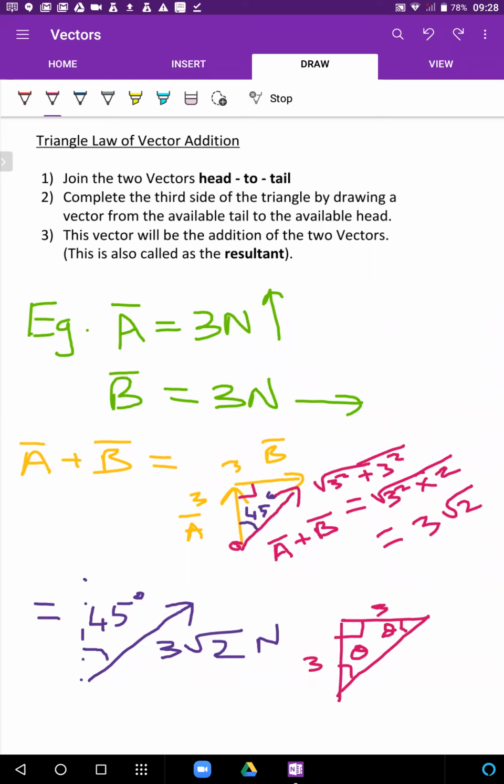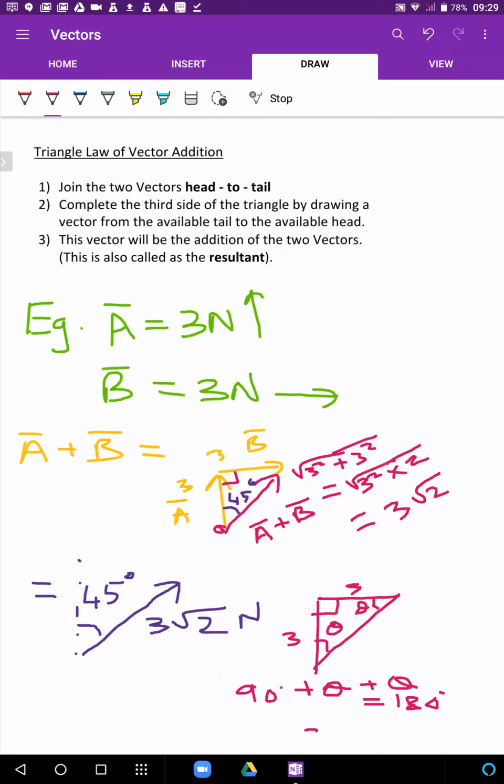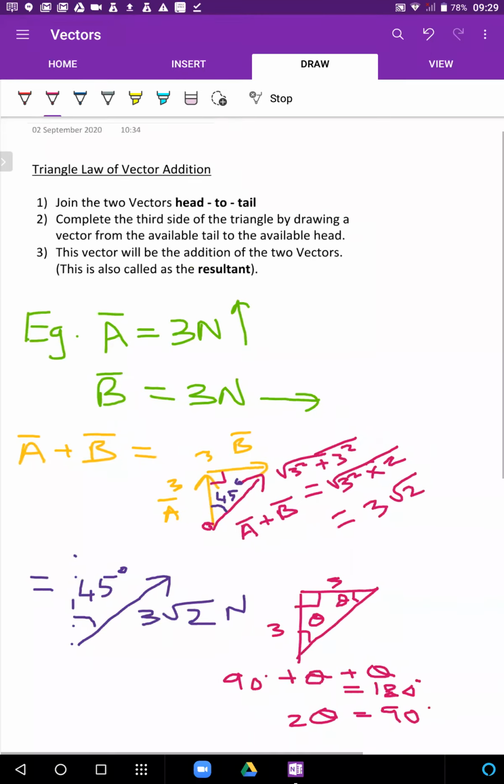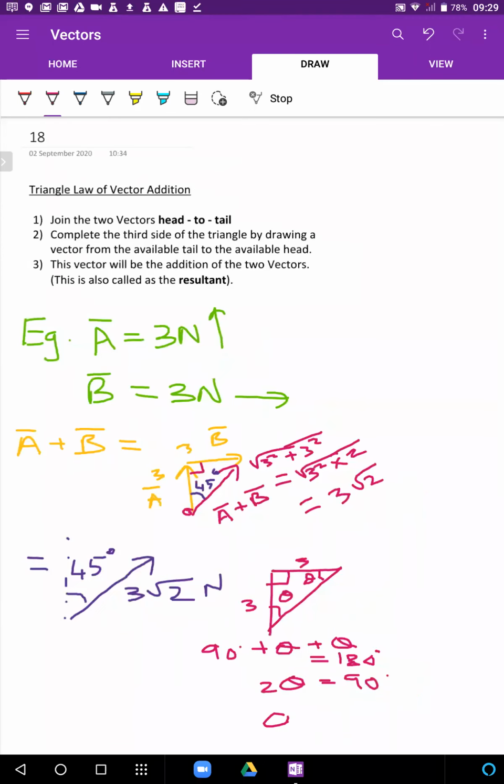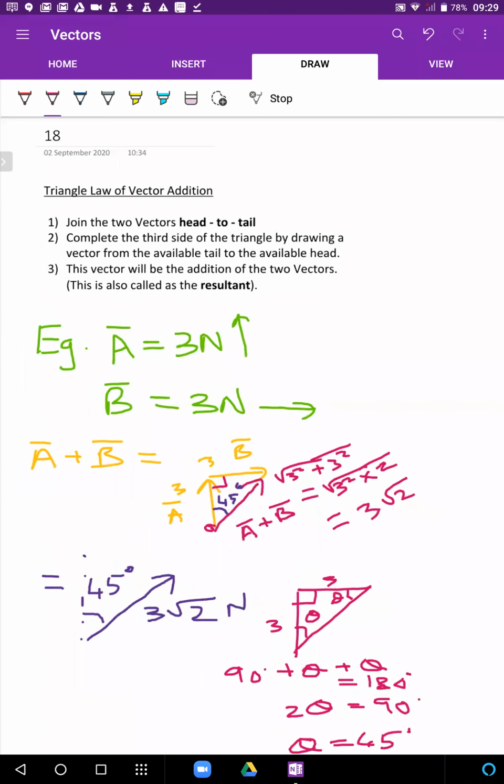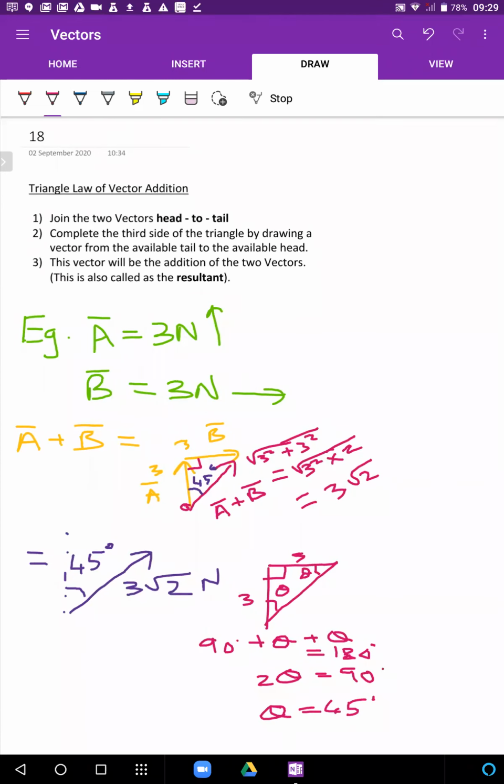So these angles should be equal. फिर we know कि total sum has to be 180. मतलब 90 degrees plus 2 theta has to be 180 degrees. तो यहाँ से समझ में आता है कि 2 theta has to be 90. If 2 theta has to be 90, theta has to be 45. Got it? Theta has to be 45.